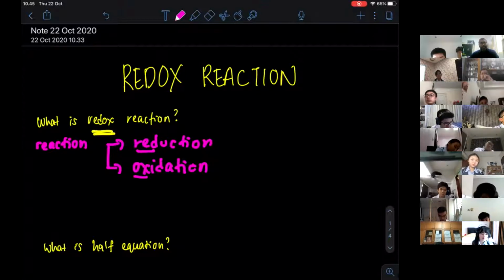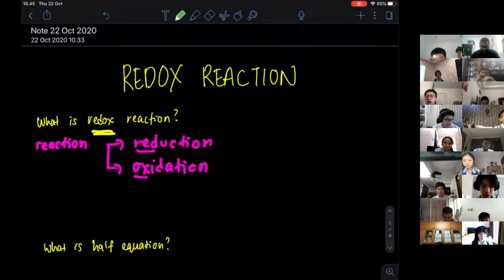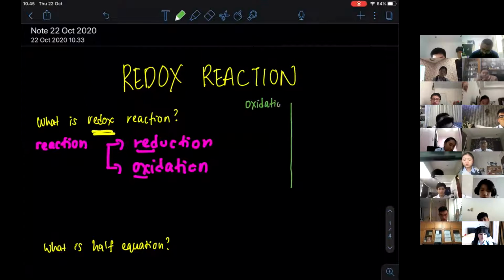So of course, if you have a redox reaction, we need to know what is reduction, we need to know what is oxidation. Now, if I put it here, oxidation, and this is going to be reduction.